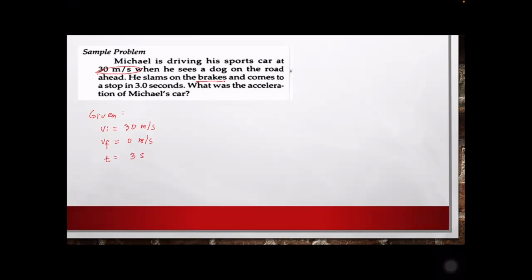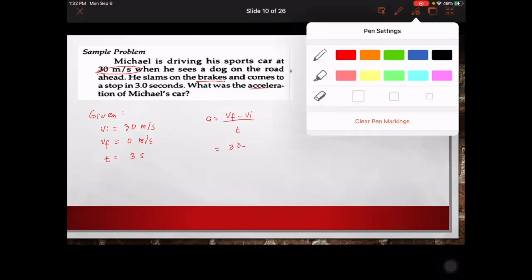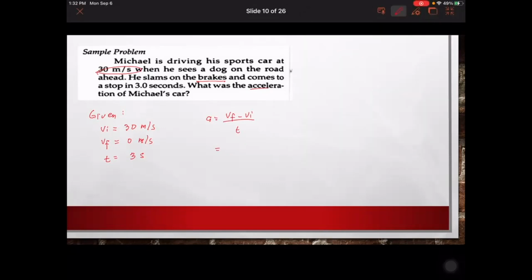Now, we are going to get for the acceleration. So, therefore, your A is equal to V sub F minus V sub I over the time. So, this will be equal to 0 minus 30 over the 3 seconds.